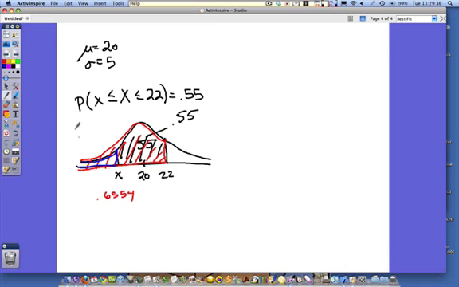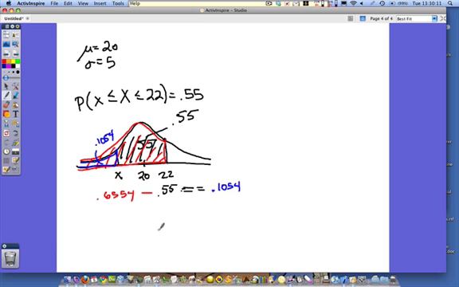So if I look at the whole red area, 0.6554, and I subtract the black area of 0.55, I should get the blue area, what's left over. If I subtract those two, I get 0.1054.